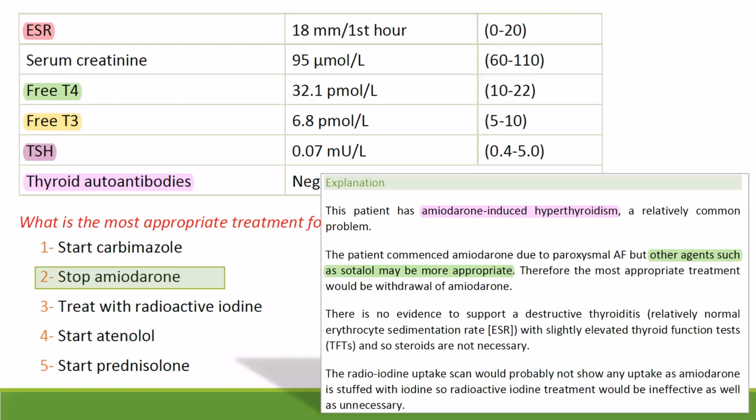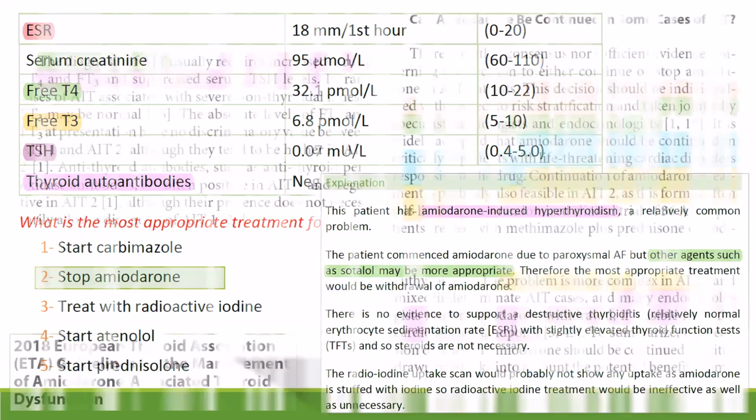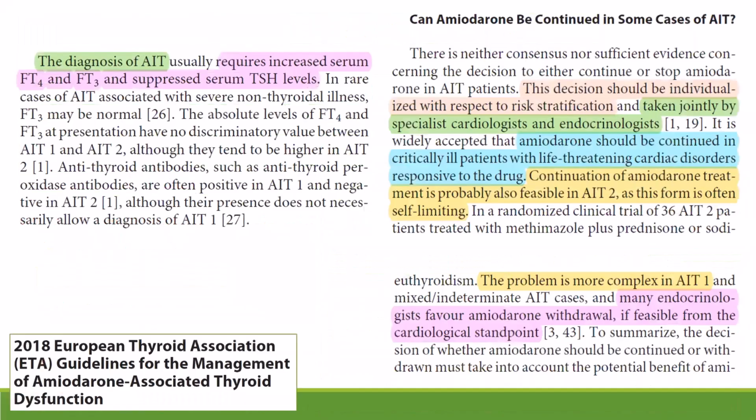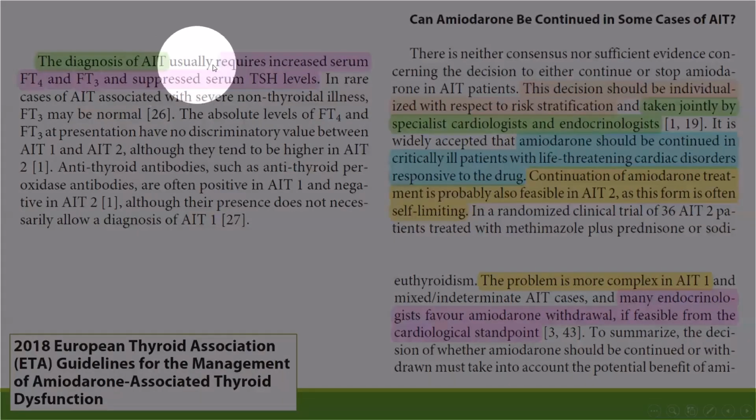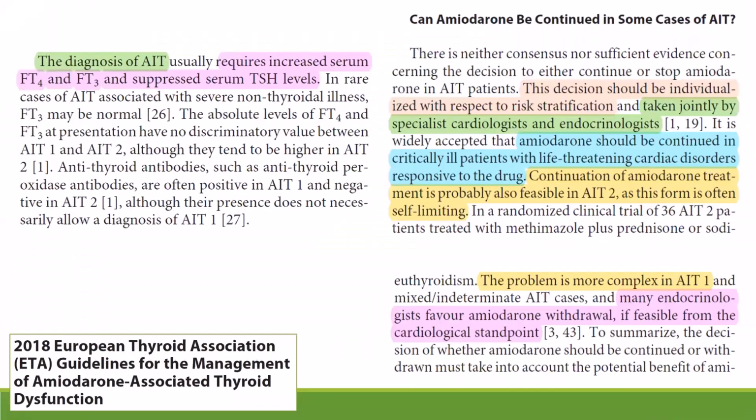One of the most important things is what is mentioned in the guideline, the latest European guideline about amiodarone. The diagnosis of amiodarone-induced thyrotoxicosis usually requires increased serum free T4 and free T3. In our case scenario, free T3 is normal. So this is a very important hint.